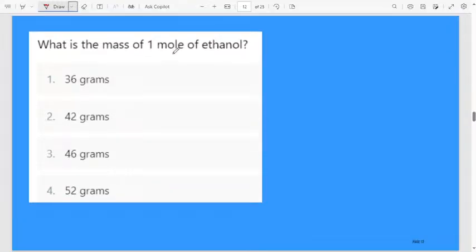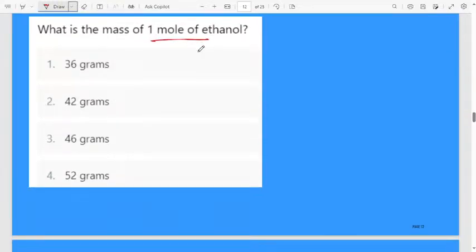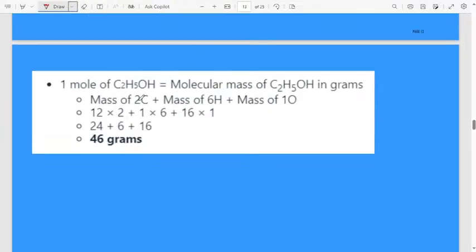What is the mass of 1 mole of ethanol? 1 mole of ethanol is C2H5OH. Ethanol is nothing but ethyl alcohol, both names are the same, don't get confused. 1 mole of ethanol equals the molecular mass of ethanol, C2H5OH. Here the carbon atoms are 2, then hydrogen is 5 plus 1, so 6, then oxygen is 1, not 10.